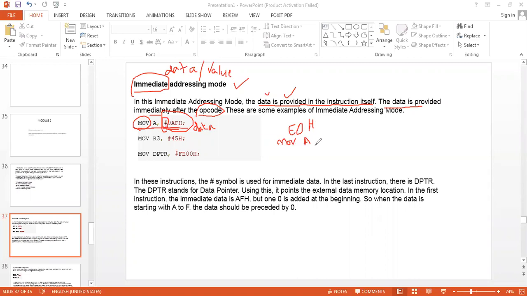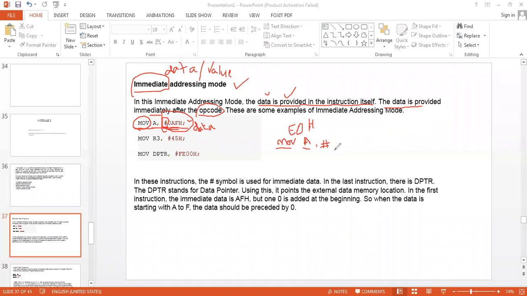So what is this instruction going to do? MOV means copy, into the A register, comma, from the direct data. An immediate value is indicated by hash.